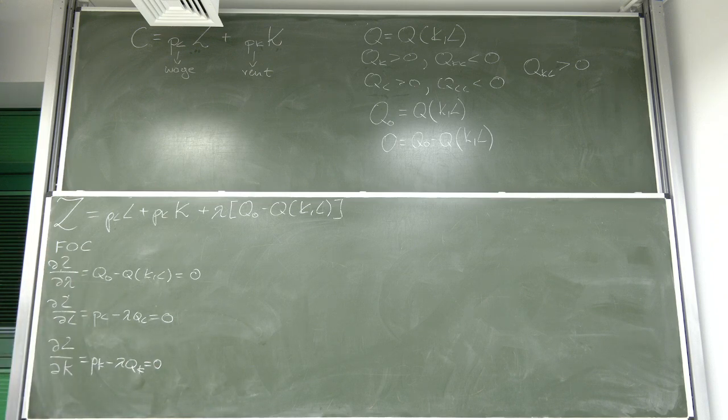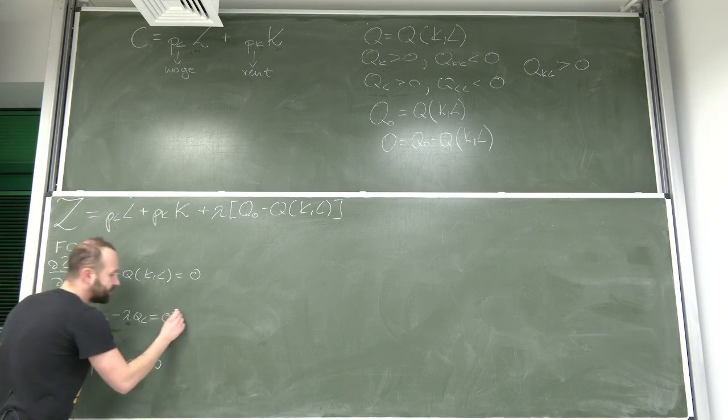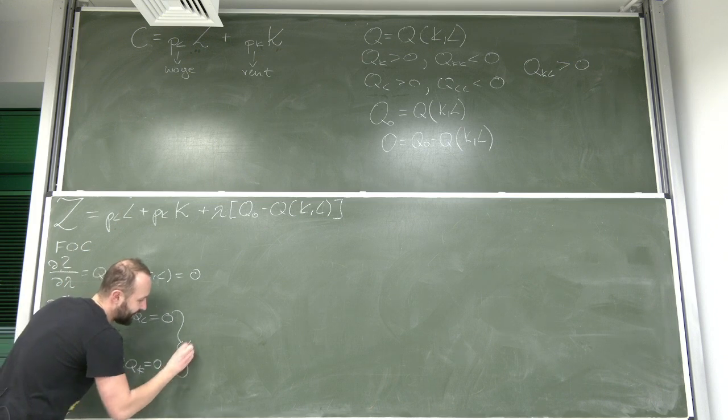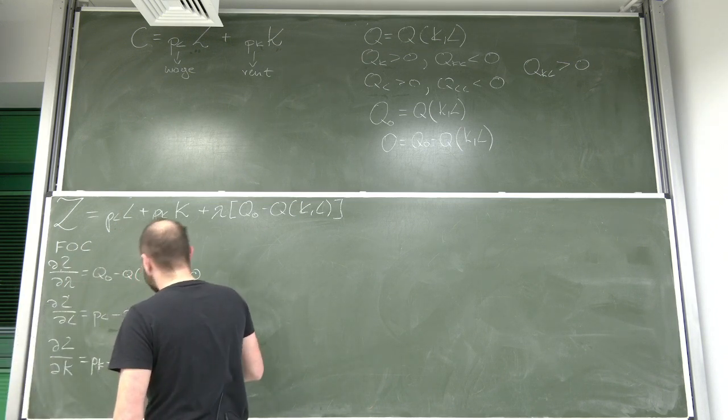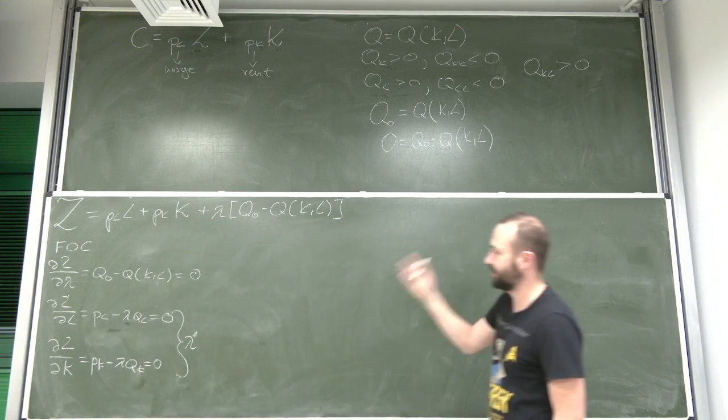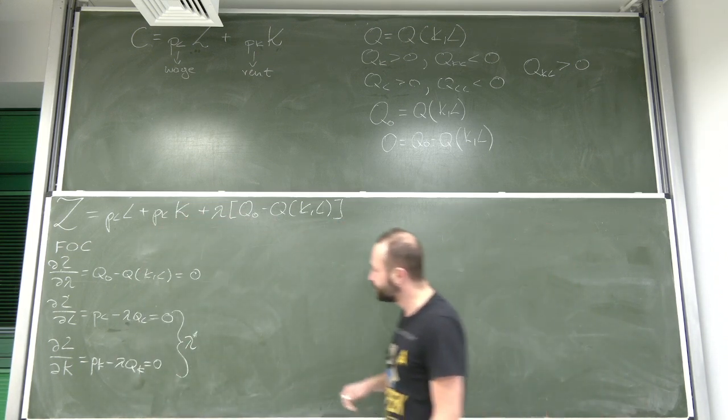And look, I can solve this equation for lambda, and I can solve this equation for lambda, right? So out of these two equations, let's say we solve this system of simultaneous equations and we've got equilibrium solutions.